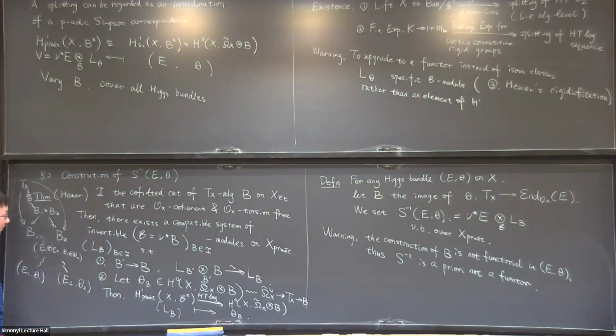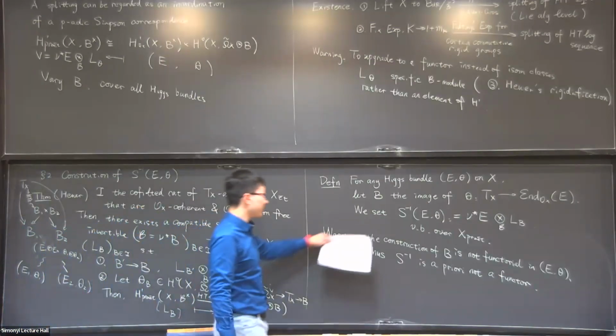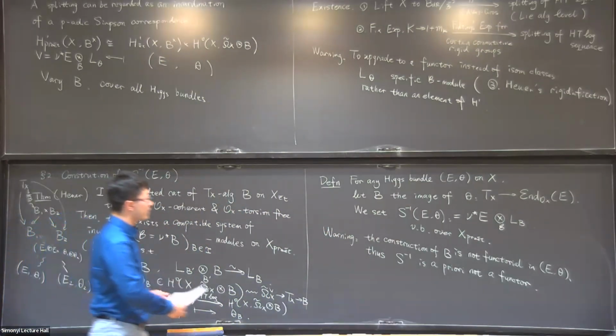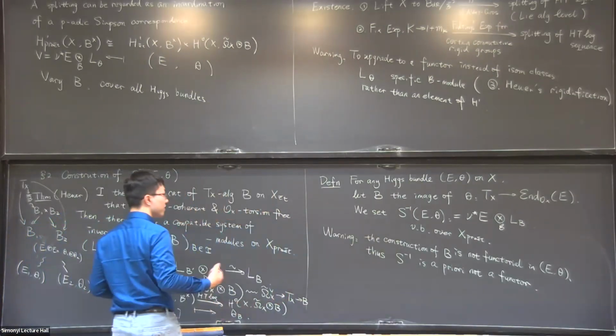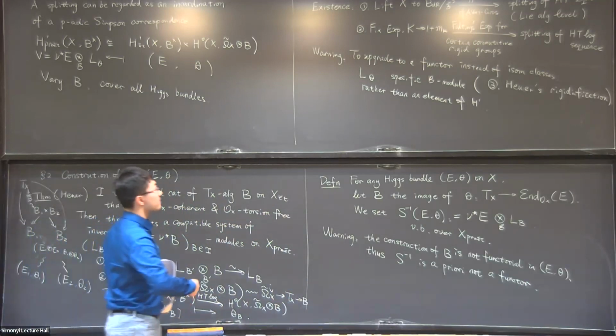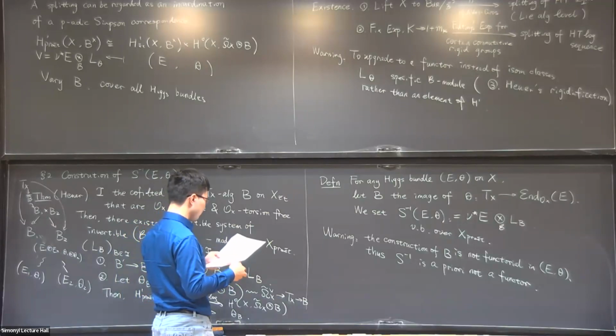I couldn't do more. But anyway, you can omit this warning, and we will see next week how we make this inverse S a functor. In fact, in particular for B1 and B2, you use these to compare their definitions, something like that.